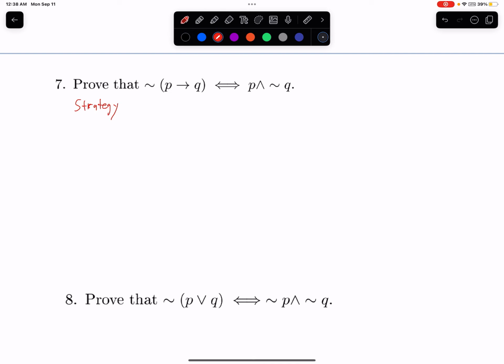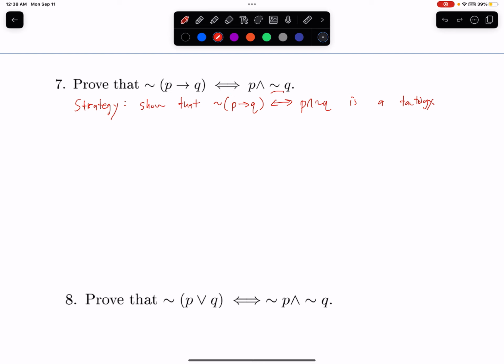The strategy to prove logical equivalence is to show that the original statements as a biconditional statement is a tautology.